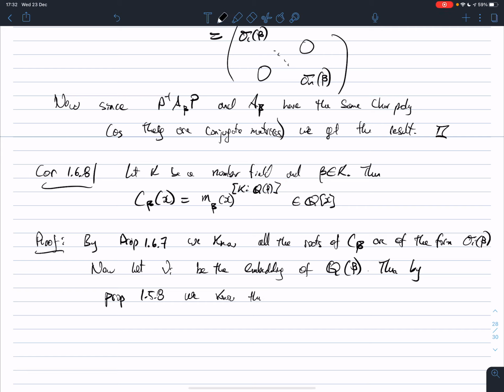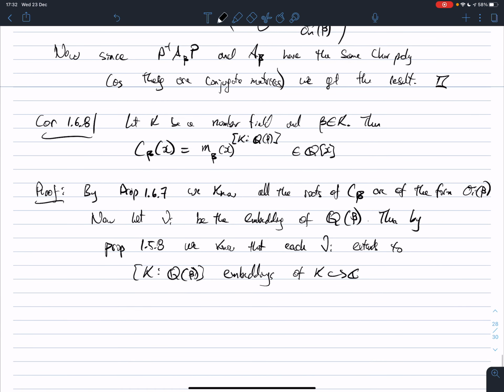So we know that each eta i extends to [K:Q beta] embeddings of K into C. When you extend the embedding, it means that the new embedding, if you restrict back down to Q beta, they agree.